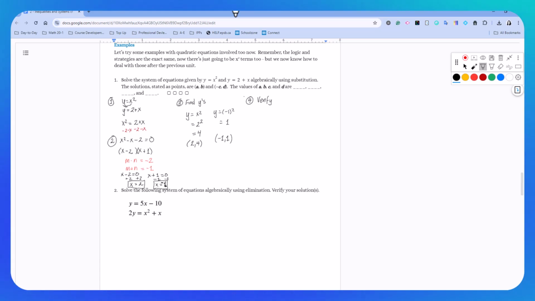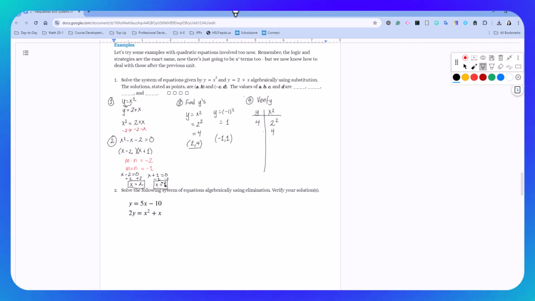So we need to verify both solutions in both equations. So if we take y equals x squared, we want to make sure that when we substitute the values in for y and x, the right-hand side equals the left-hand side. Now, in the first solution, y equals 4 and x equals 2.